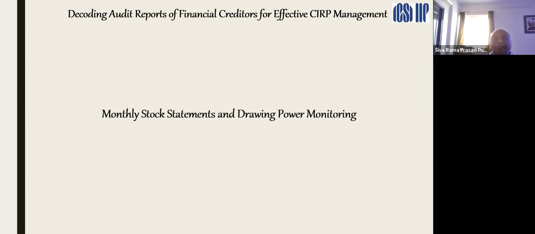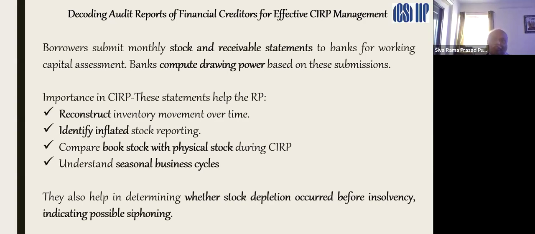That is why monthly stock statement and drawing power monitoring happen in the banks or FIs. The borrower submits a monthly stock statement to the banker for working capital assessment, and the bank computes drawing power based on the submissions. Sometimes the banker will also go to the company and verify in the godowns, as well as the stock register and the debtors registers.